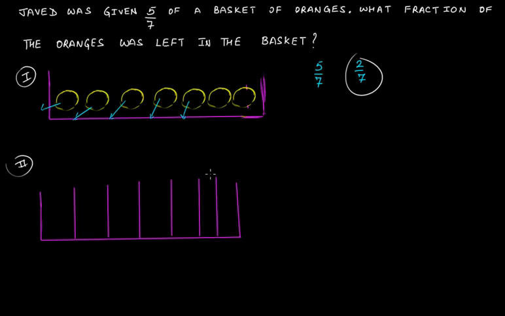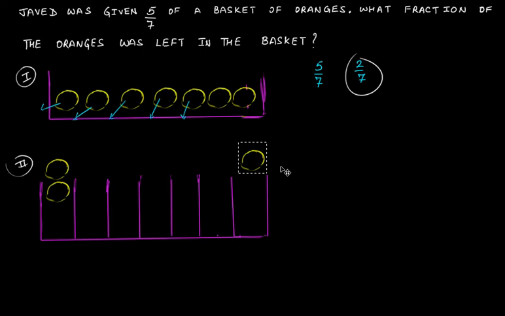Let me adjust this one also. Here and here. So just assume that these are equal portions. This basket has been divided into 7 equal portions, and now you have 1 orange in this one, then you have second orange in this one, third orange in this one.